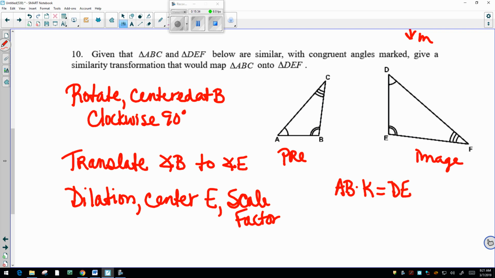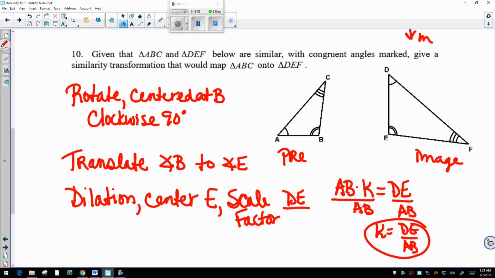So if I don't know what that something is, that K value, if I divide through, let's just say by AB, what I get, while it's not a number, is a scale factor using variables. So I could tell you my scale factor in this case is going to be the ratio of DE compared to AB. So that would be how you could determine a scale factor if no numbers are provided. Now, that's not the only transformation that you could do or the only order. That's just one option.